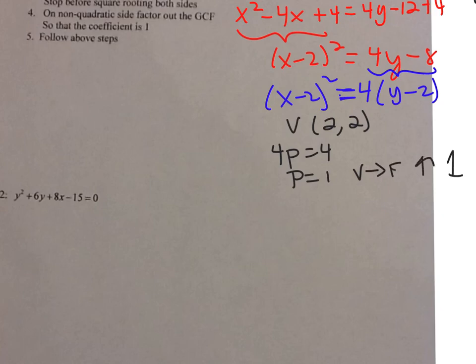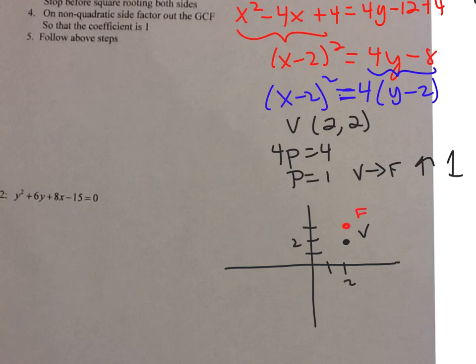All right, so let's draw a picture. So I have 2, 2. So there's my vertex. All right, so it is my x that's squared, so it is concave up. So I'm going up 1.